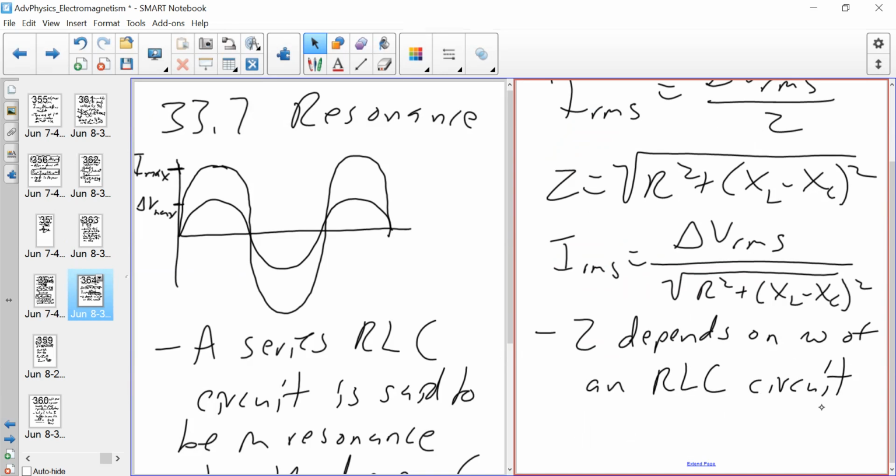The reason is because frequency is going to be a function of this XL and XC, and depending on the frequency is going to produce whatever impedance is going to be there in the circuit. So R is just going to be R. There is no frequency consideration there.